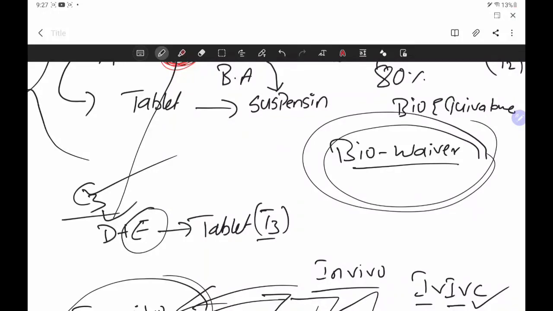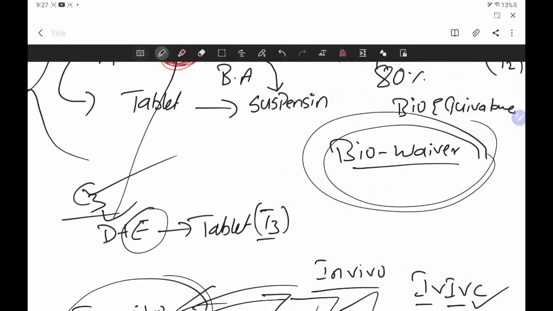Why are they using the innovator's drug? Because its patent has expired, which we call a generic drug. So they want to develop the generic drug at a cheap cost. For that, the regulator will ask you to prove bioequivalence. Bioequivalence means 80% of bioavailability should be the same when compared with the innovator product.